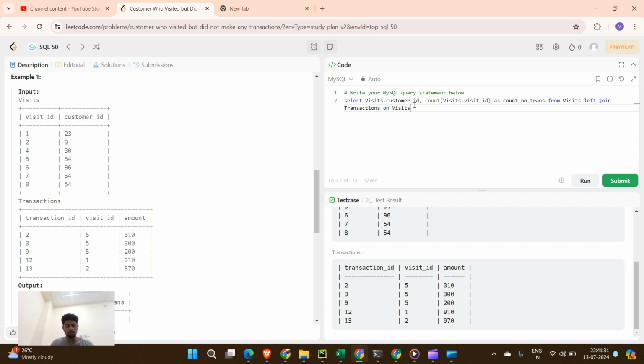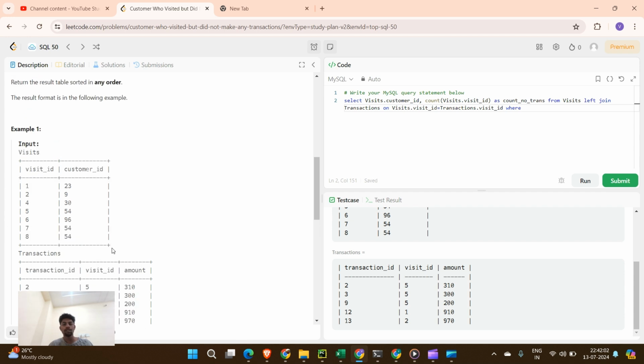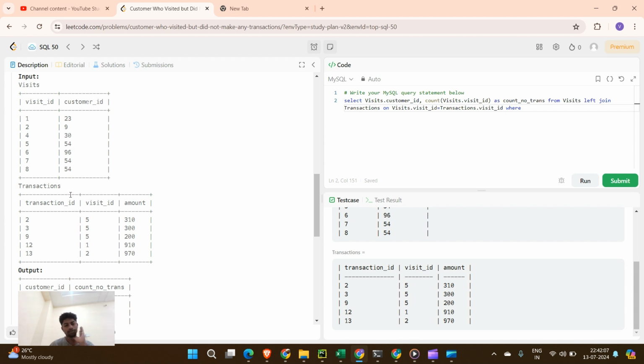And there is one more condition: they don't want the matched ones, they want the unmatched ones. So where transactions dot transaction ID is null.